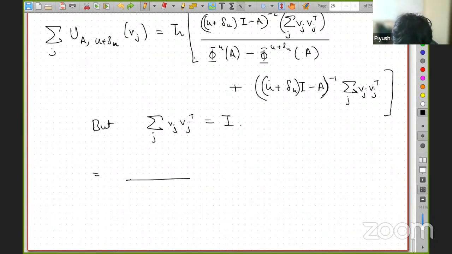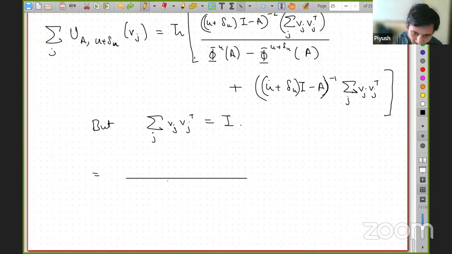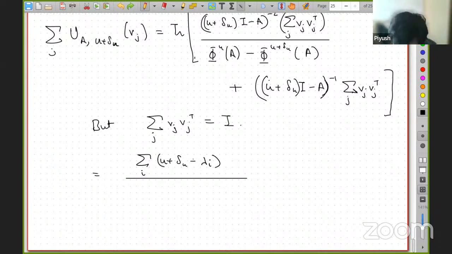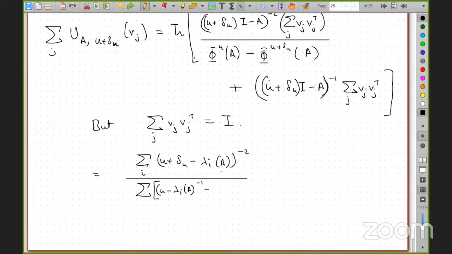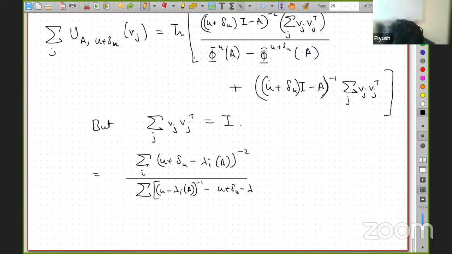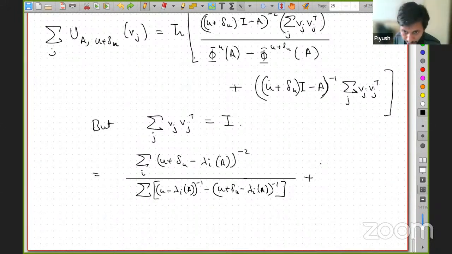I'll write it out without the matrix, just in terms of the eigenvalues of A, where lambda i is an eigenvalue of A. So here I have the sum over i of 1 over u plus delta u minus lambda i, to the power minus 2, times u minus lambda i inverse minus u plus delta u minus lambda i inverse, plus the summation of u plus delta u minus lambda i inverse.